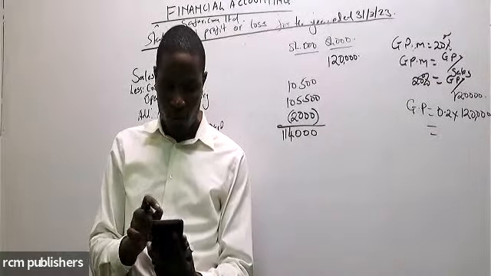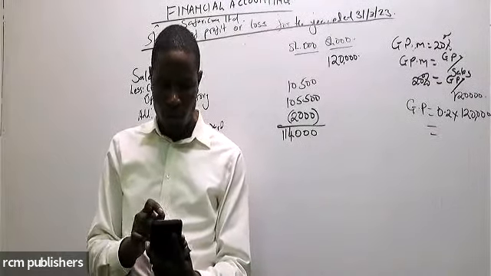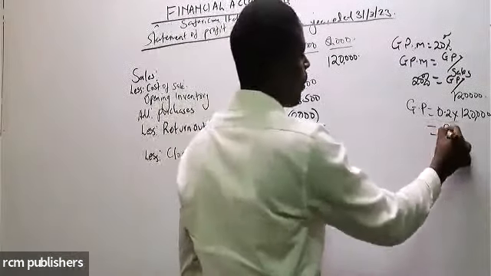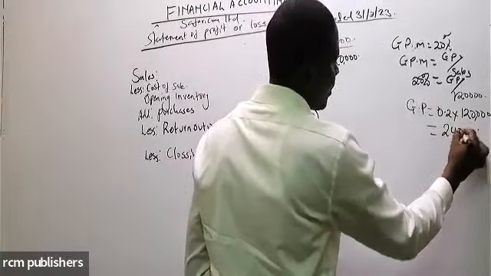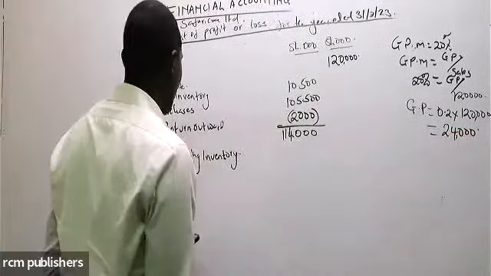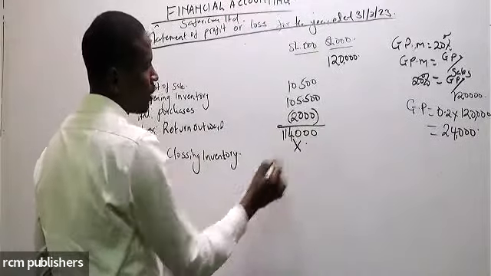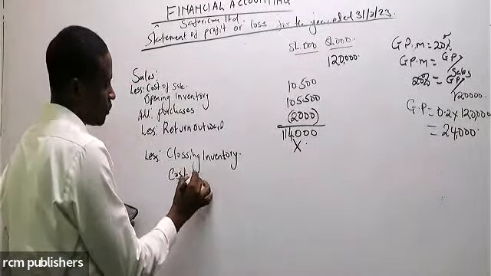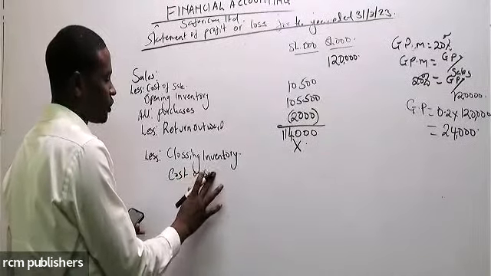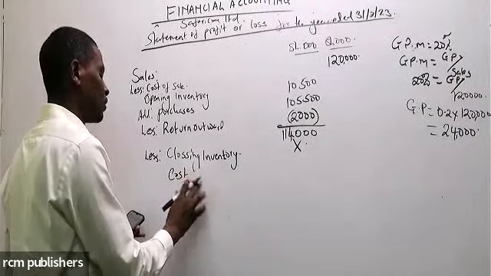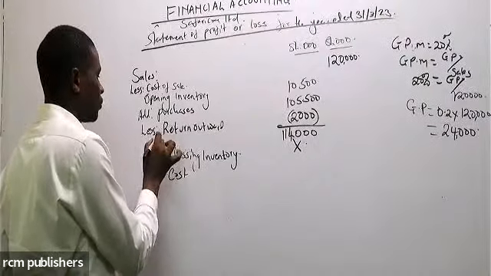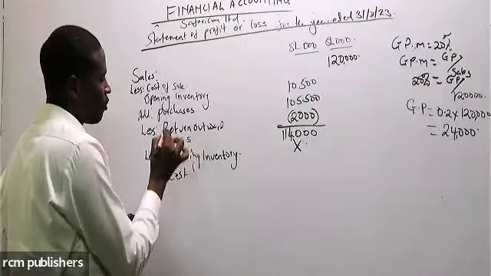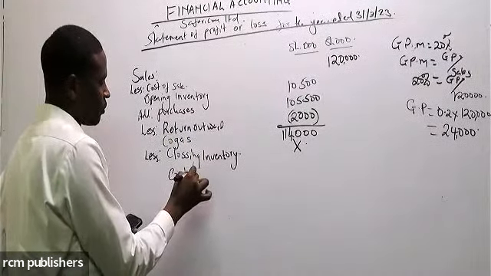Times 120,000, 20,000, getting 24,000. So class, if that is my gross profit as 24,000, and I know that if I less X here, I'm going to get the cost of sale, or the cost of goods available for sale, and cost of sale.